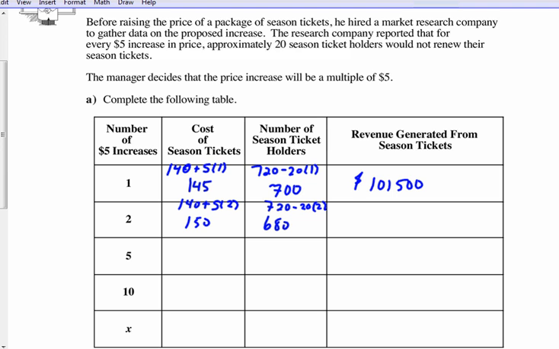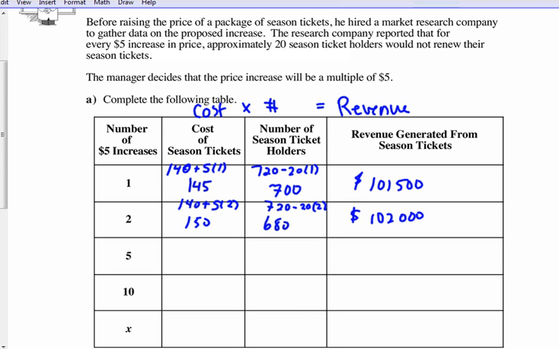Okay, so what would be the new profit? Multiply those together. 102,000? Agreed? Yeah, okay.